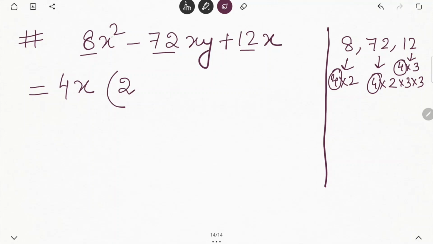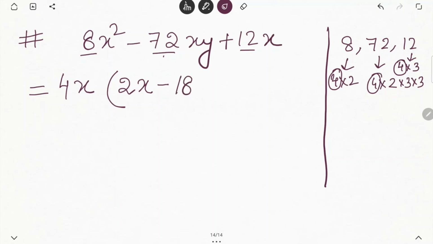So x square by x will give only x. So from the first term I can say that this is left. I move to the second term. How do I do it? I divide the original term by the common term. So 72 divided by 4, how much is it? It gives us 18.